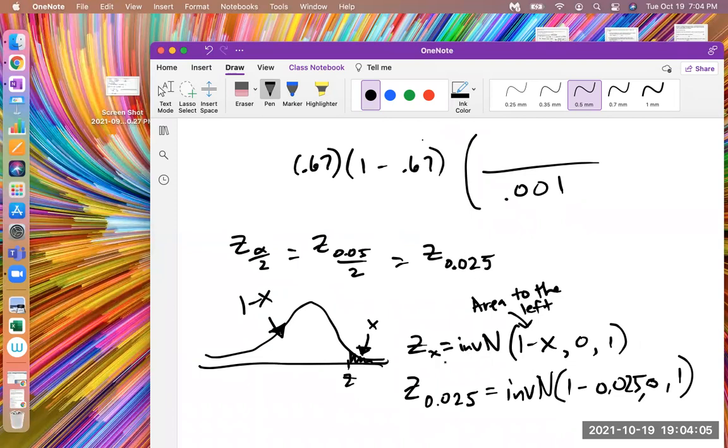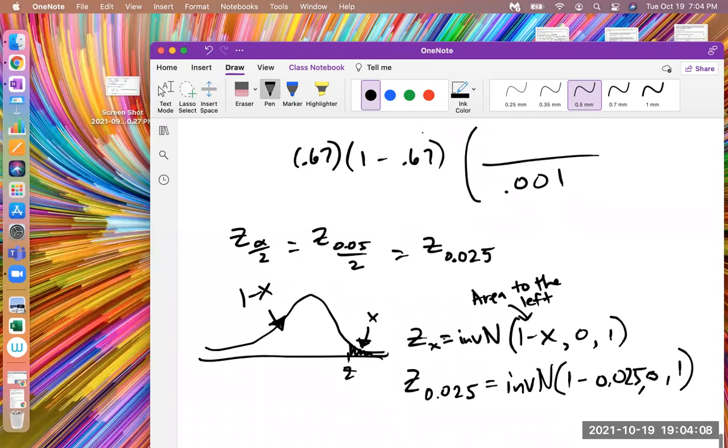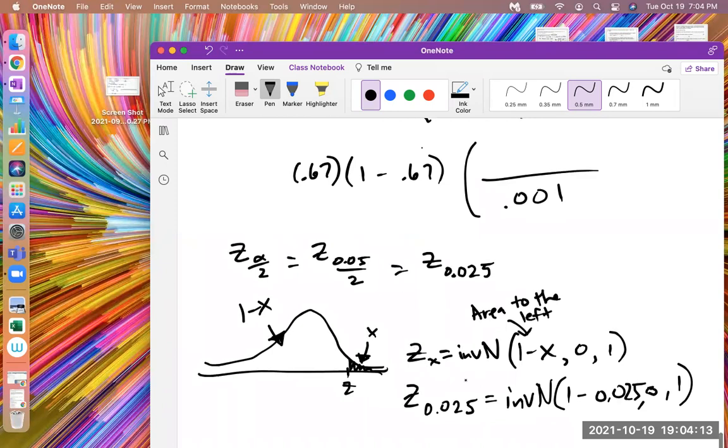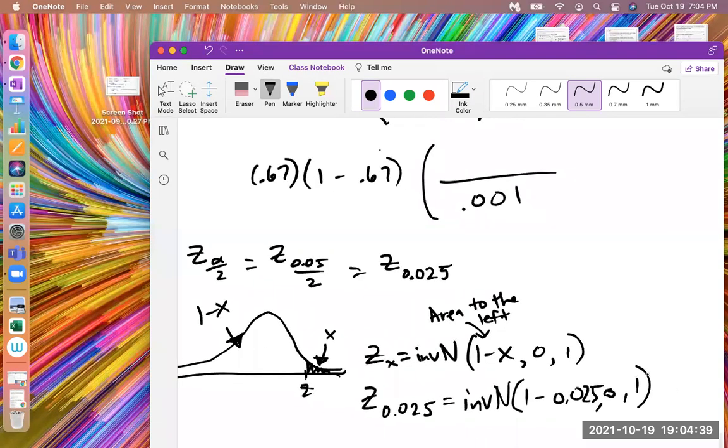To do that calculation on a TI-84 calculator, you usually need to do inverse norm 1 minus whatever value you have for Z sub number. If you have a Z sub number, you do 1 minus that number because you need the area to the left and not the area to the right. Then you put 0 and 1 because that's the mean and standard deviation of the Z scores, and that will calculate the Z score that you need. That's one way to do it.